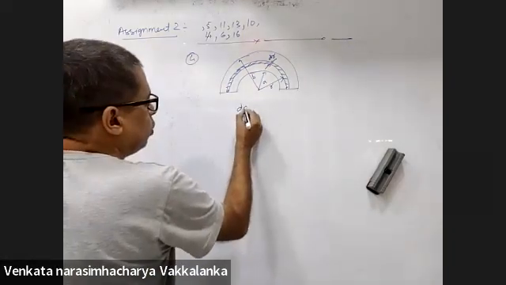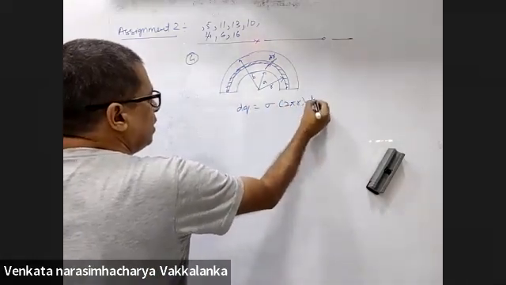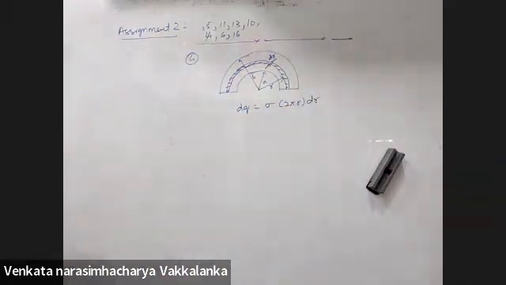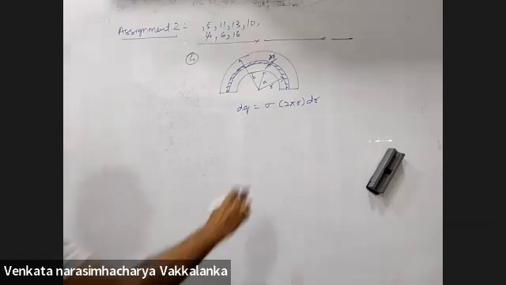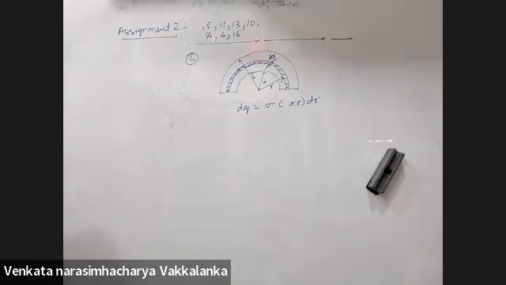What will dq on that particular element be? Sigma into 2 pi r dr. Sigma is charge per unit area. Rather, technically it is pi r dr because it is a semicircle. Right?